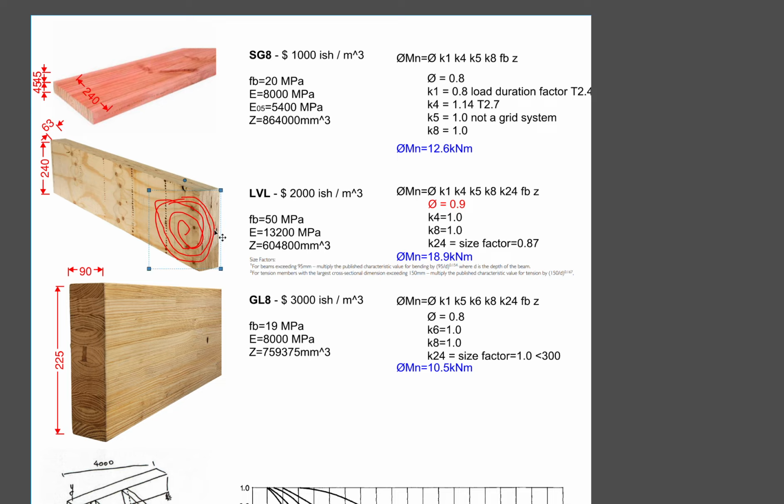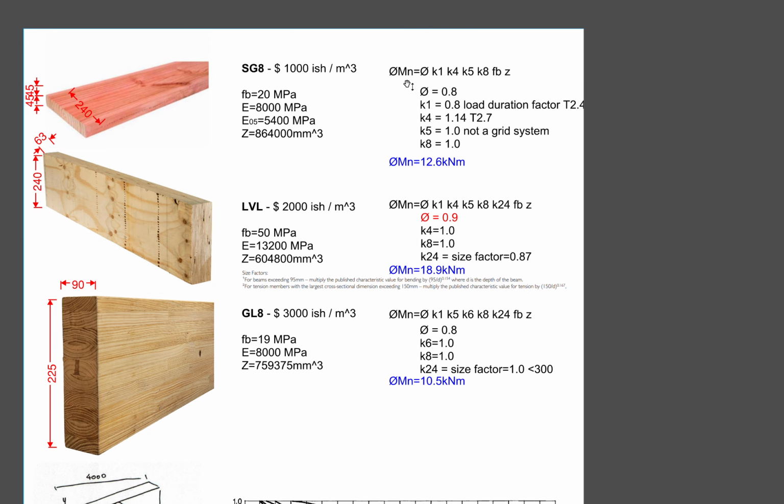Because of that, the thing you notice when it comes to the bending moment and the capacity design is the material reduction factor phi: for sawn timber and glulam, they're all 0.8, so a 20% reduction of the strength. But for LVL, it's only a 10% reduction, because the process of making the LVL makes the material more predictable, with less uncertainties.